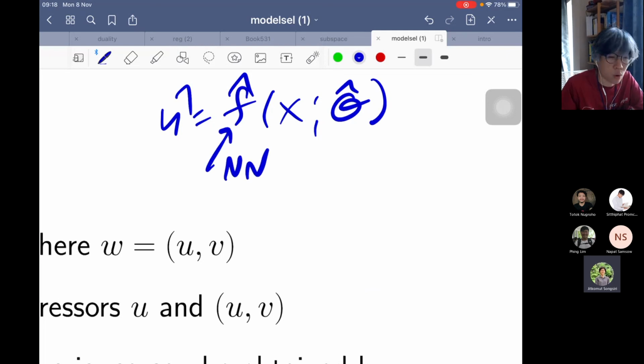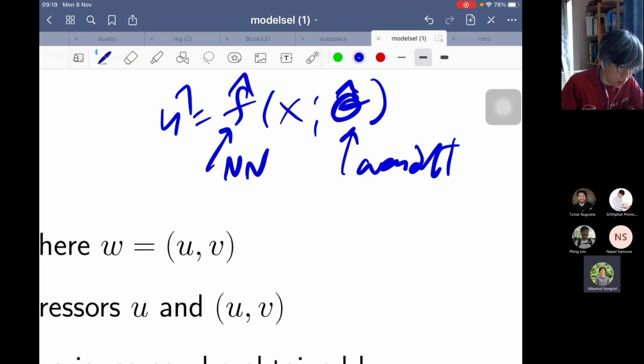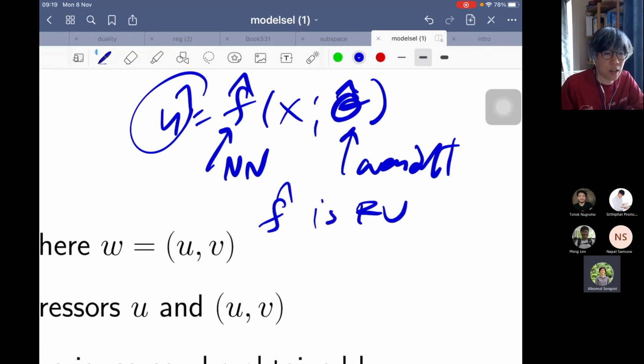Your f hat is a neural network, your theta hat is the weights. So if theta hat has high variance, your f hat is random because theta hat is random. You think of y hat as a random entity, and the variance of y hat also depends on the variance of theta hat. But in what way?